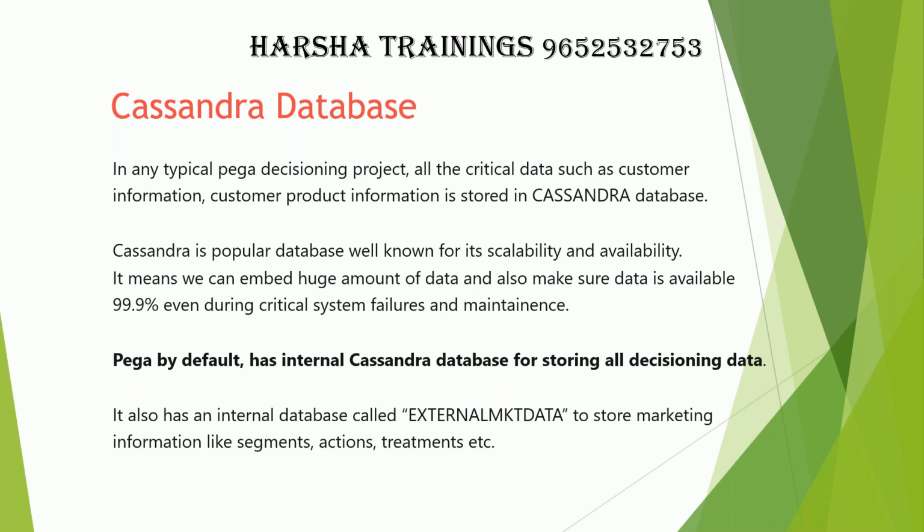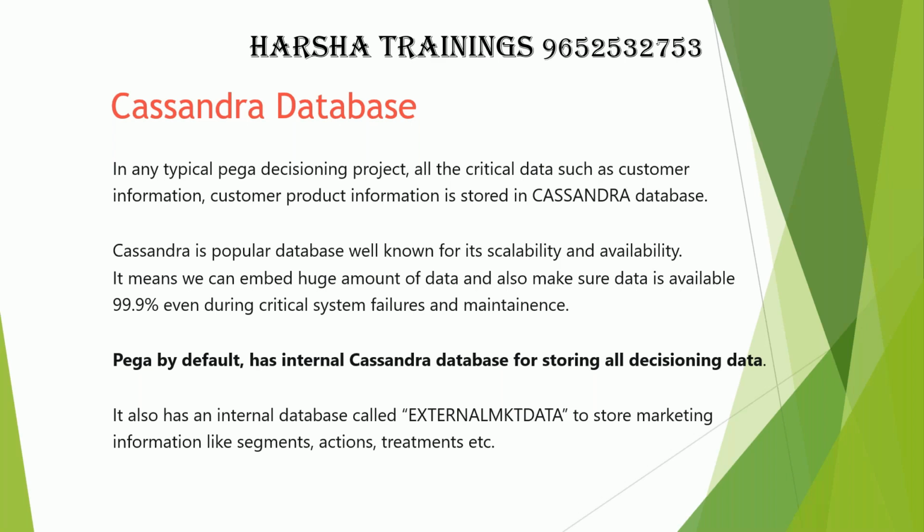So this many customers, if you have to handle, and let us say you have to send mails to this many customers, it is not easy to just use the core PEGA database which is there. So you have to have a special dedicated database that is called Cassandra database. So in Cassandra database, you will have scalability and availability so that you can perform your database related operations without any impact to the application.